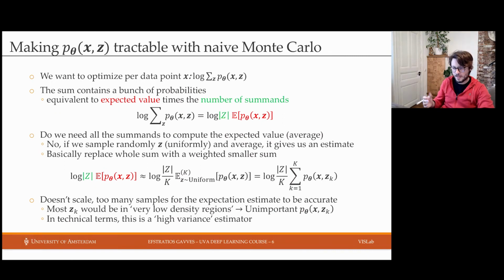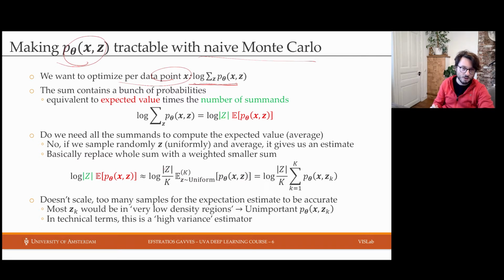So how do we make things tractable? In the previous lecture with the Boltzmann machines, we saw a few ways to address intractability. In this case, one way is to resort to naive Monte Carlo. So for each data point x, again we take the log sum. Now for simplicity of notation, we ignore the external sum over all data points.